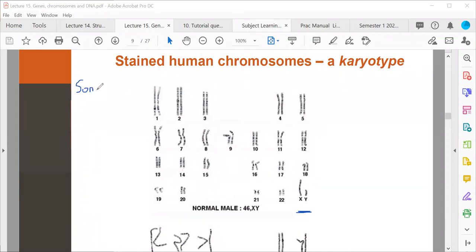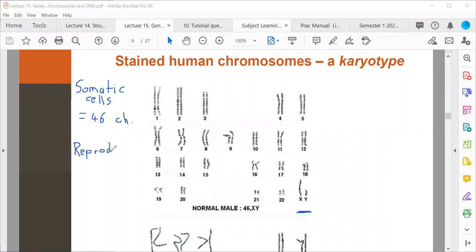Somatic cells, 46 chromosomes. Okay. Then you have some cells that contain only 1 copy of each pair, only 1 of each pair.